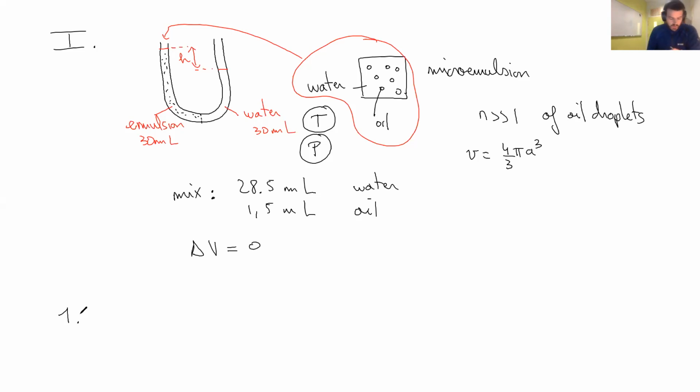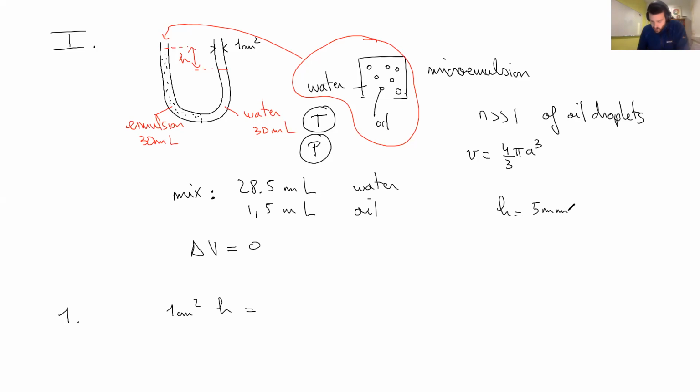No? Okay, perfect. So the first question is to find the final volume in the first compartment. Okay, so this is pretty easy. I forgot to say that we assume this tube to have a cross-section of 1 centimeter squared, and so if you multiply this 1 centimeter squared times h, and h is what was provided in the tutorial, I guess it's 5 millimeters.